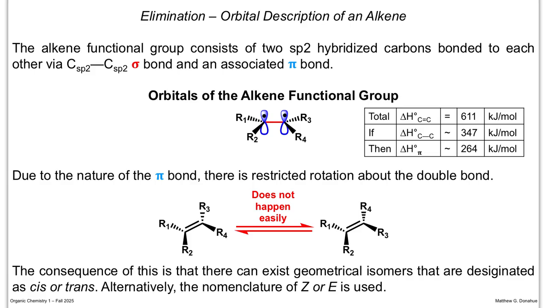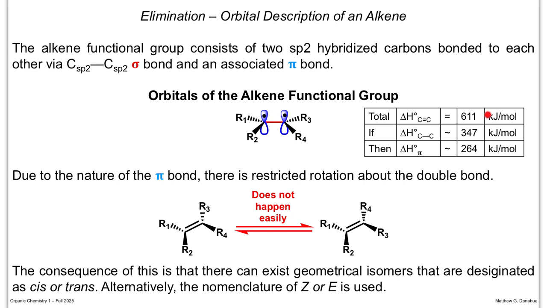So in reviewing the orbitals for an alkene, we have that central sigma bond there. And then the double bond results from the overlap of the p orbitals. That's the pi bond. Each carbon is sp2 hybridized. It contributes 1 electron, so we form the pi bond.